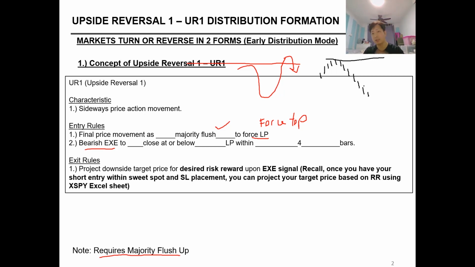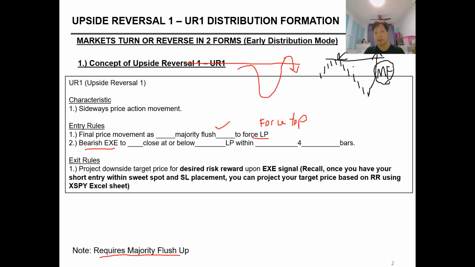They are the same, it just signifies a kind of price movement. We want to see that price has this flush up. We call this the majority flush to force the top. When I draw this symbol, a half rectangle symbol, it means that there is a force top symbol. So we want to check for this thing called a majority flush that forces the top.